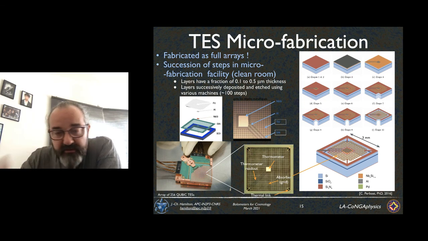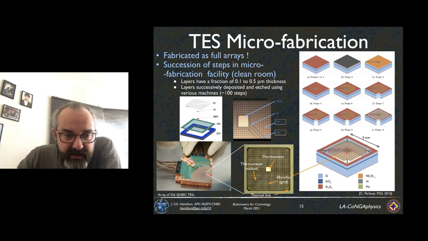And one uses different machines to deposit them with masks and things. It's rather complicated, and at the end you have basically 100 steps to fabricate a bolometer. So here you can see these different layers shown here. So that's the absorbing grid, the thermometer, and the grid, and so it's rather complicated.